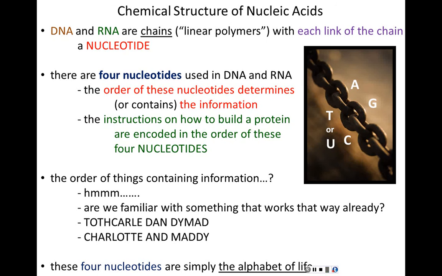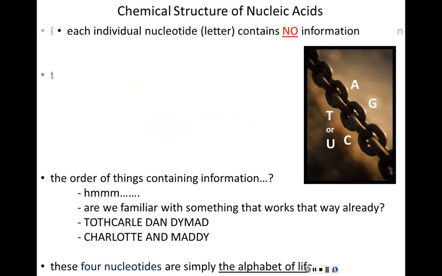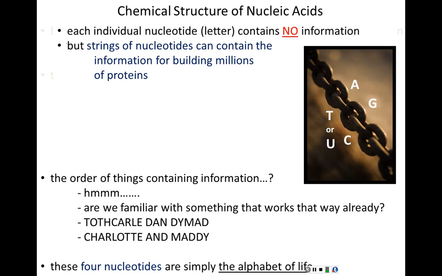And it works exactly the same way for DNA and RNA. The individual nucleotides are necessary, of course, just like we need our letters. But it's the sequences, how these nucleotides are strung together, that carries the information. So you can very much think of the 4 nucleotides of DNA and RNA being the alphabet of life. Each individual nucleotide contains no inherent information on its own, but strings of nucleotides in a specific sequence contain the information for building proteins.